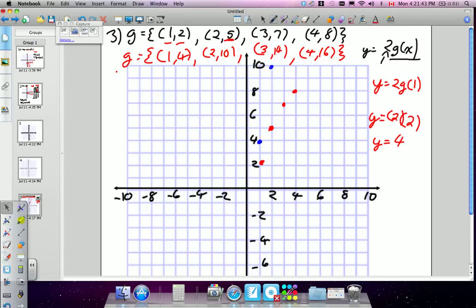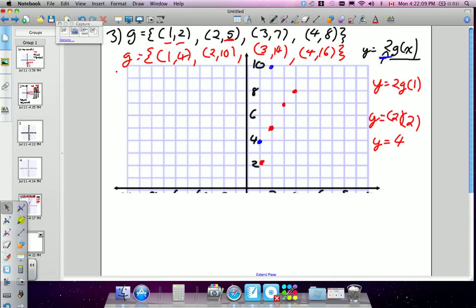They're using pretty tough numbers to work with right now, but that's the idea: we've stretched everything by a factor of 2. When this number is outside the x value, it stretches everything. They're trying to get you to recognize that idea because you're about to work with quadratics and transforming them. Okay? Let's do B so you can get an idea of what I'm talking about. That'll make a little more sense here.